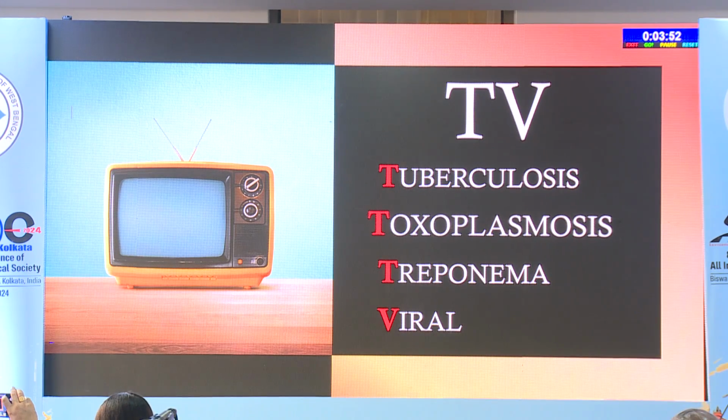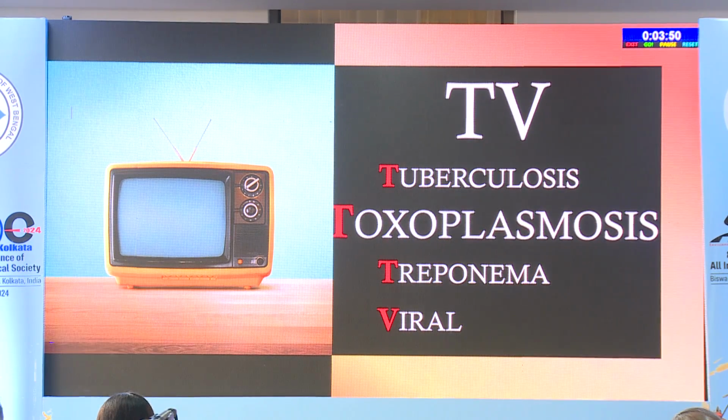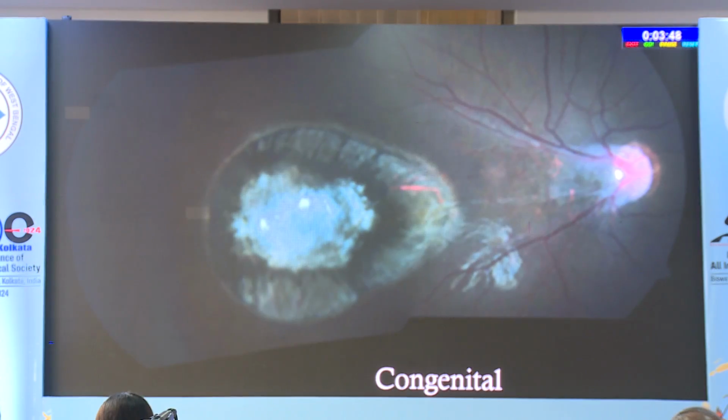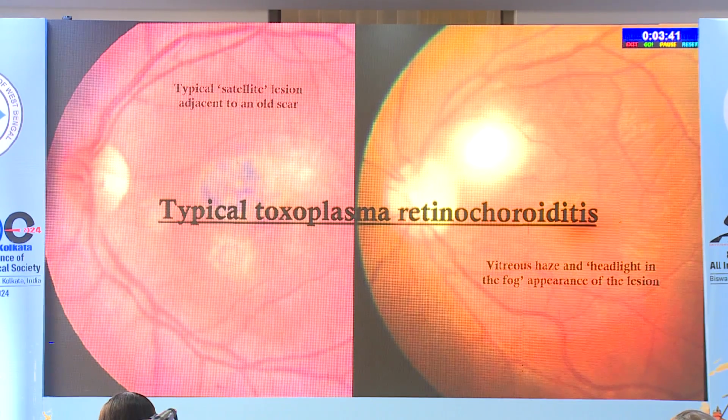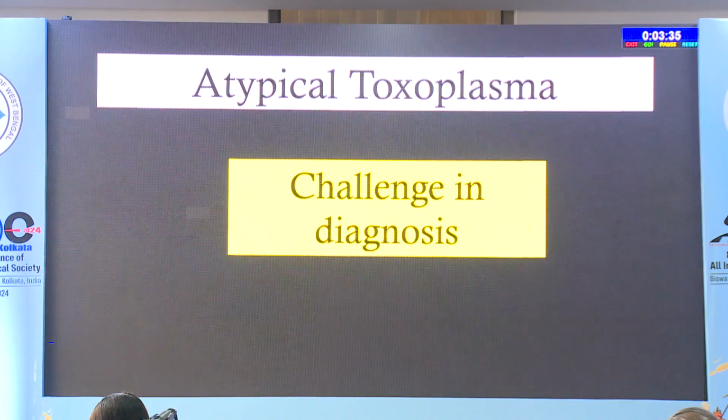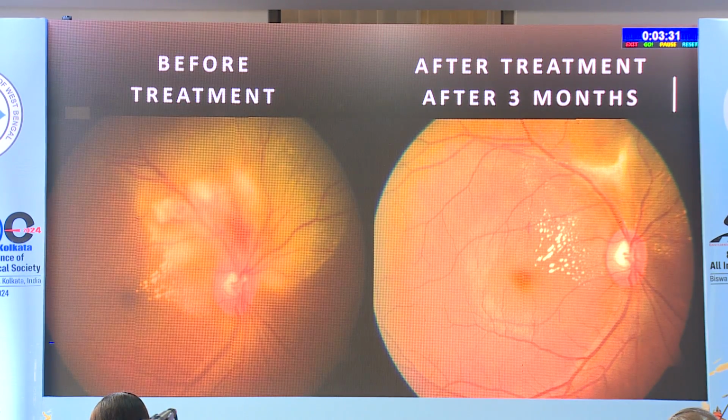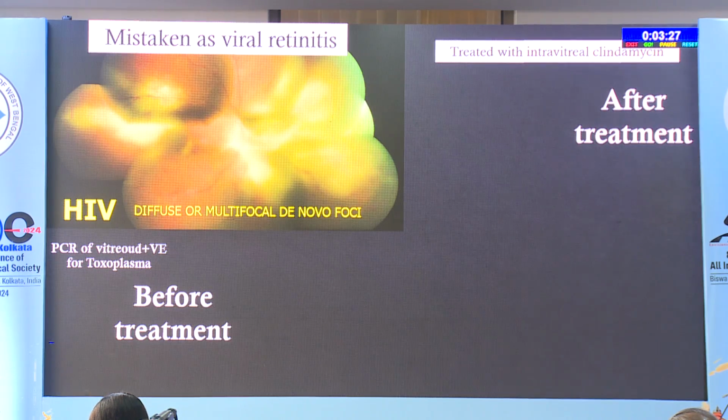Next comes toxoplasmosis, which was earlier the most common posterior uveitis. It is caused by Toxoplasma, and this is a congenital toxoplasmosis where there is nothing much you can do. Active toxoplasmic retinochoroiditis has a typical satellite lesion or headlight-in-the-fog appearance. Atypical toxoplasmosis can be challenging to diagnose, particularly when it presents with exudative detachment or in an HIV-positive patient with diffuse multifocal de novo foci.